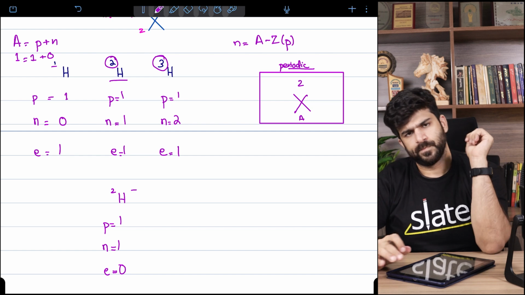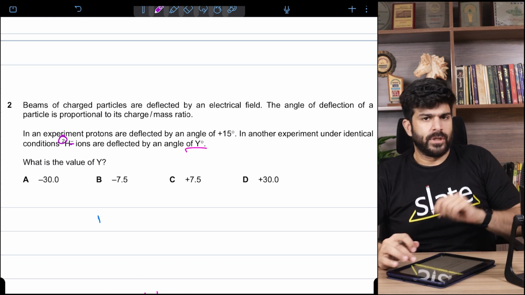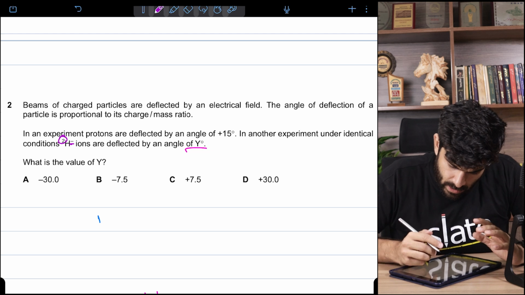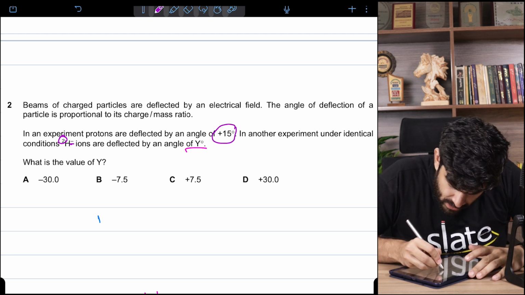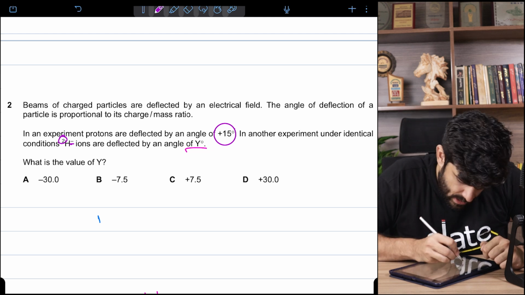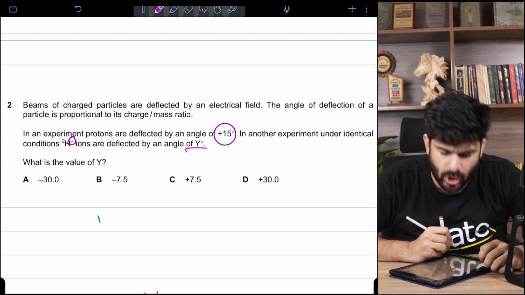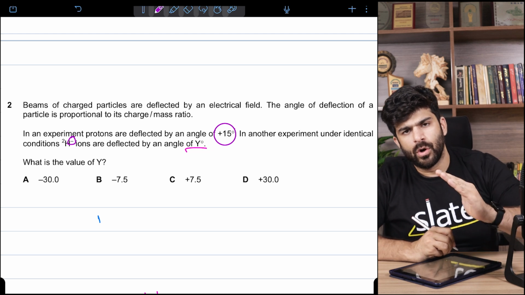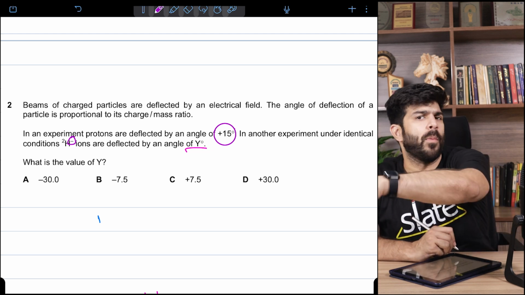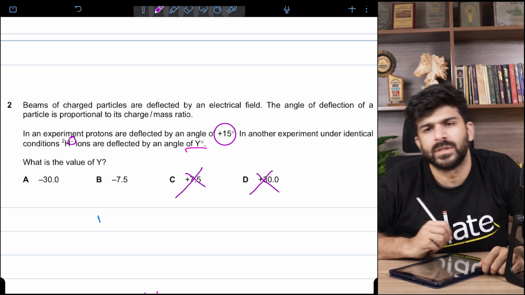That is something we know. So we need to understand a few things. Now when this particle, a proton, has a deflection of plus 15, and this particular ion is negatively charged, we know that this will definitely move in the opposite direction. So we are going to cancel out both the plus ones.